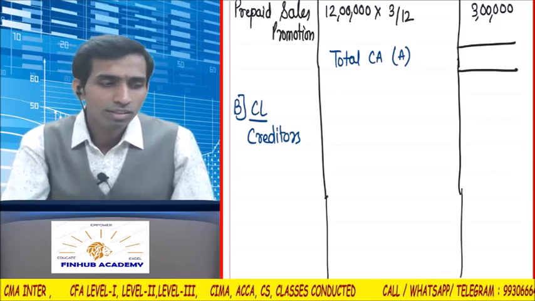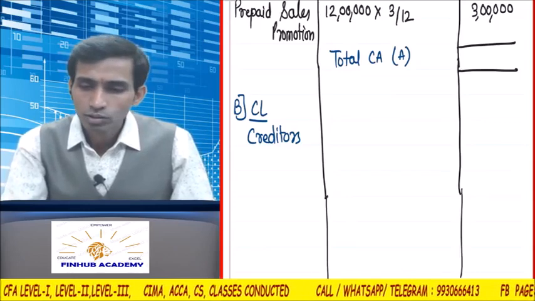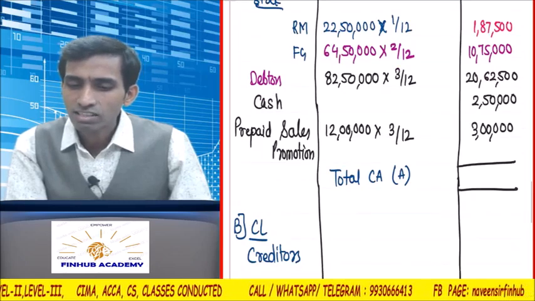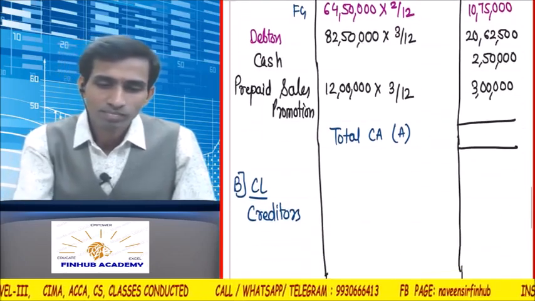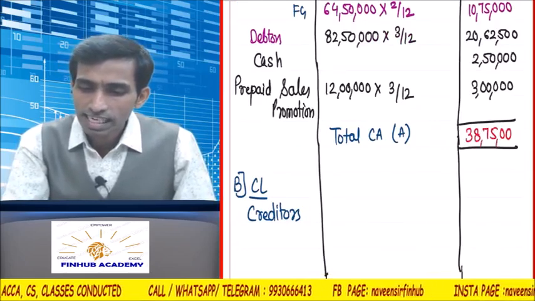How much total? 55 lakh... no, 50. How can it be 52? 1 lakh 87,500 plus... 38 lakh 75,000.